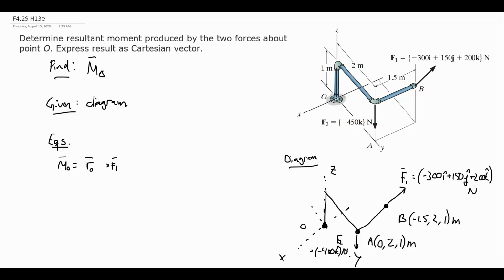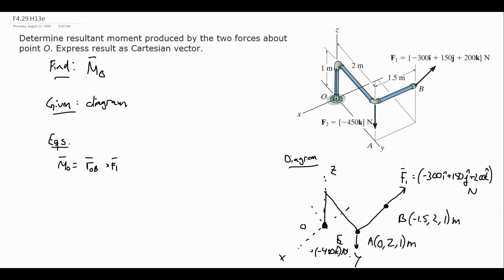So based on the coordinate I put in, F1 acts through B, so I'm just going to use B as the end coordinate for this position vector. Again, it could be any point that F1 passes through or its line of action passes through. The only one we have easy access to is B.